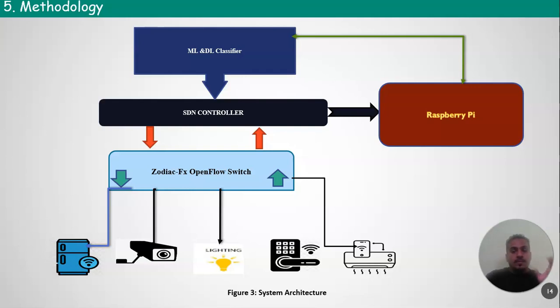They will filter: is there any malicious software? By using machine learning and deep learning classifiers, they will cooperate. Every layer connects with the other layers to check for malicious software in real time. They will send it through the classifier, then to the Raspberry Pi. Also the Zodiac is a protocol switch.